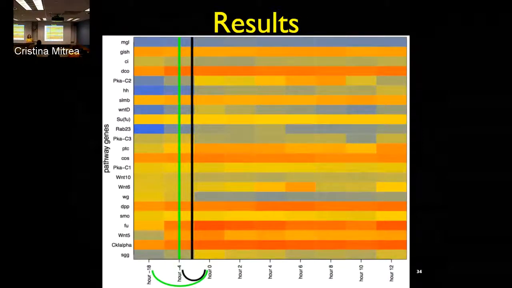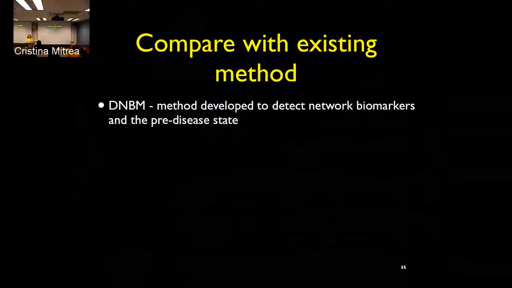We wanted to see, is there another method out there that's doing something similar, and we should compare with that method and see if we do better, or if we at least do as good as they do. There is a method that we abbreviated DNBM, a method developed to detect network biomarkers and the pre-disease state. Notably, this method doesn't identify a change interval. It identifies only a pre-disease state, only one time point.